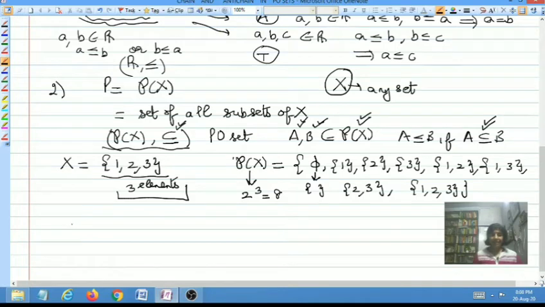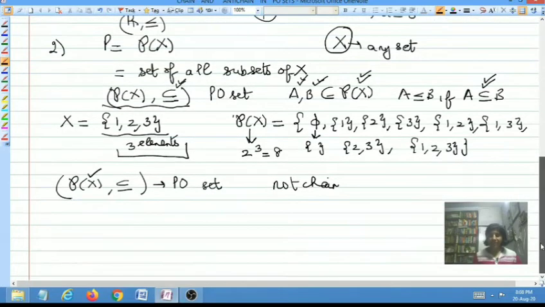Now you can just see that this set, the power set of X with respect to the inclusion relation, is a PO set. We already know it's a PO set, because whatever the set capital X may be, we know that this is a PO set, but you will see that this is not a chain. This set is not a chain, because not every pair of elements in the power set of X is related to the other.